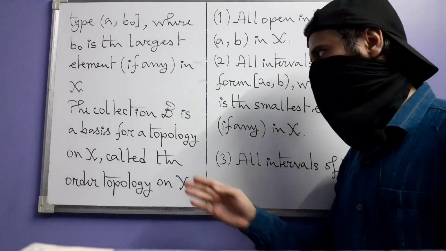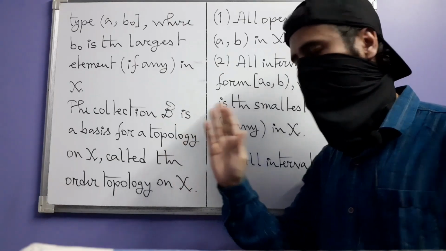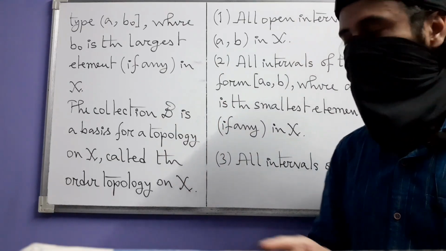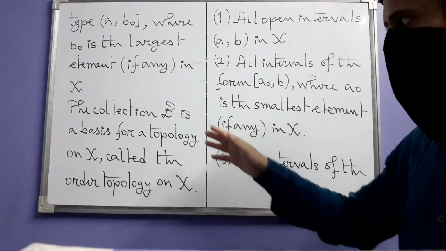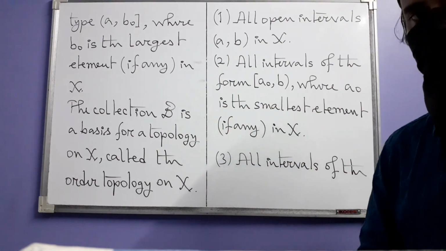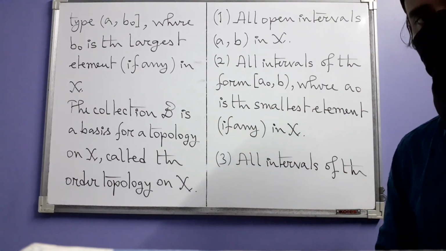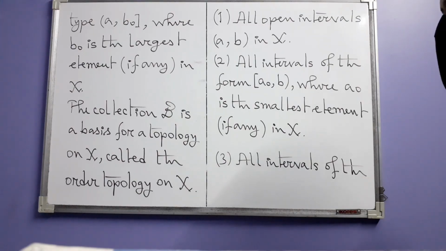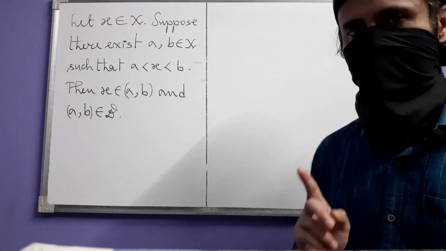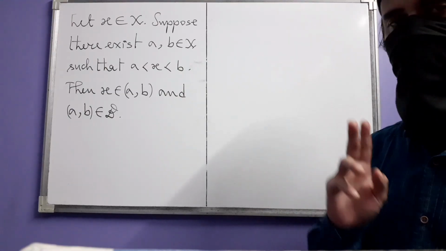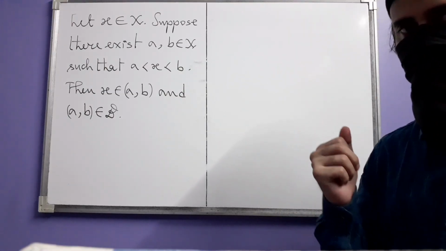Now it turns out that this collection B is a basis for some topology on X, and that topology is called the order topology on X. This, however, needs verification. How is it that it's really a basis? Now, in order to show that our collection B is a basis for some topology, we have to verify those two conditions that we have in the definition of a basis.